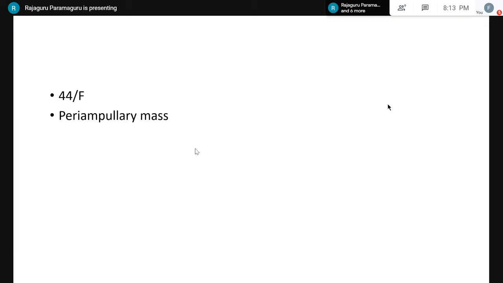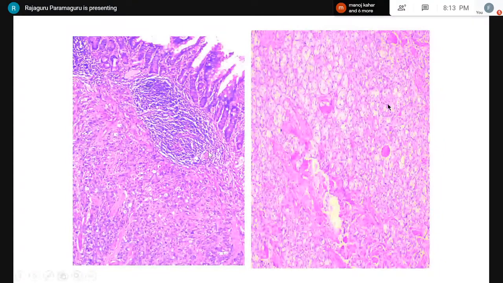So next is a 44-year-old female with a periampullary mass, where you see a lesion in the submucosa. On a higher magnification, there are epithelial looking cells with intervening spindle shaped cells.